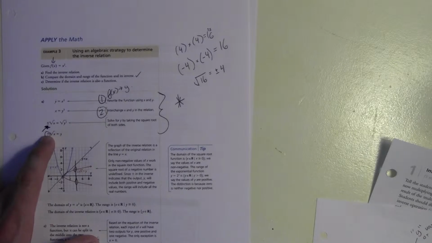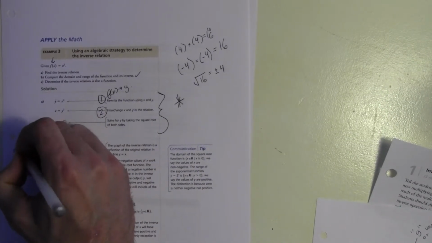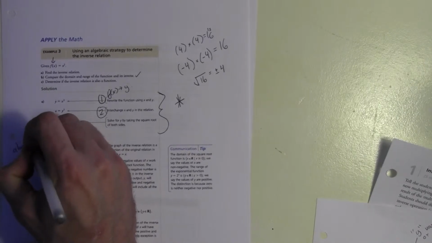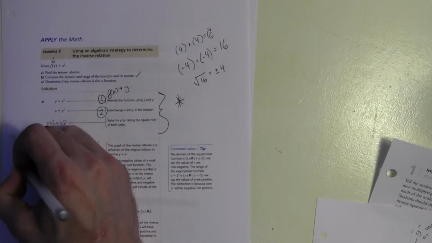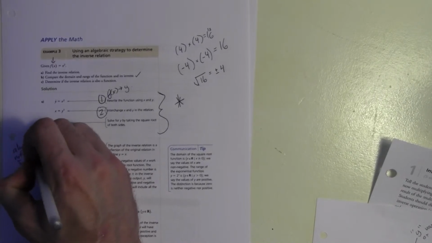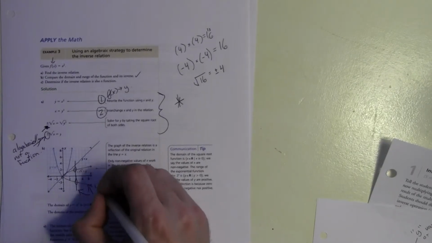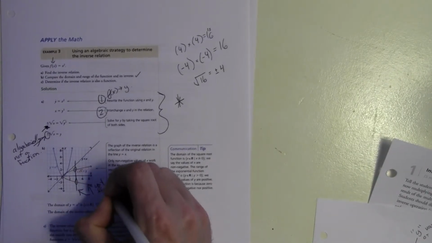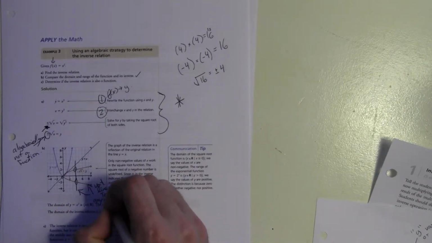So that's also why it's not a function. So there is the reason algebraically it's not a function. And the vertical line test is the reason graphically it's not a function.